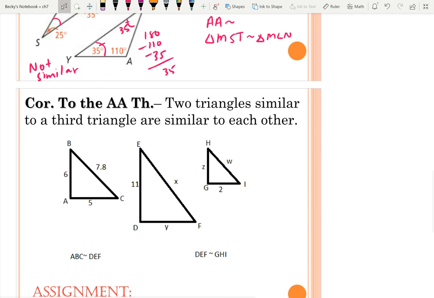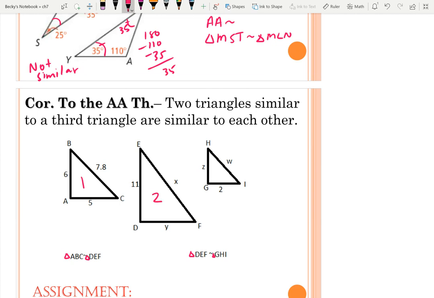Okay, this is the last slide of the notes. The corollary to the AA theorem: two triangles similar to a third triangle are similar to each other. I tried to write this out for you, and there should be little triangle signs in front. I just couldn't get them to go on my paper. So triangle ABC, the first one here, is similar to triangle DEF.